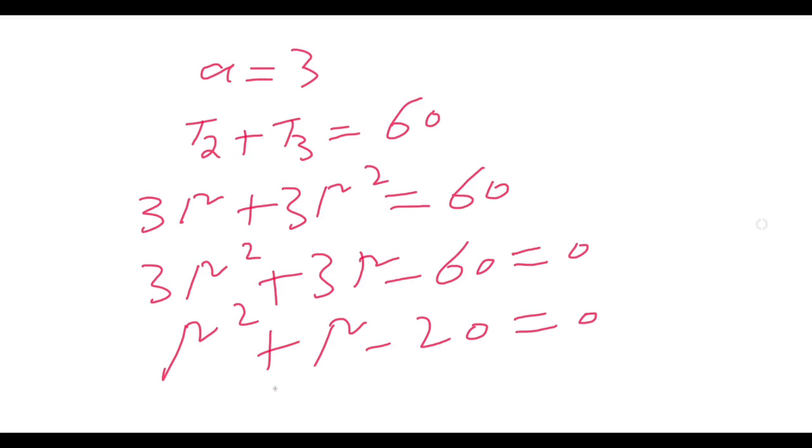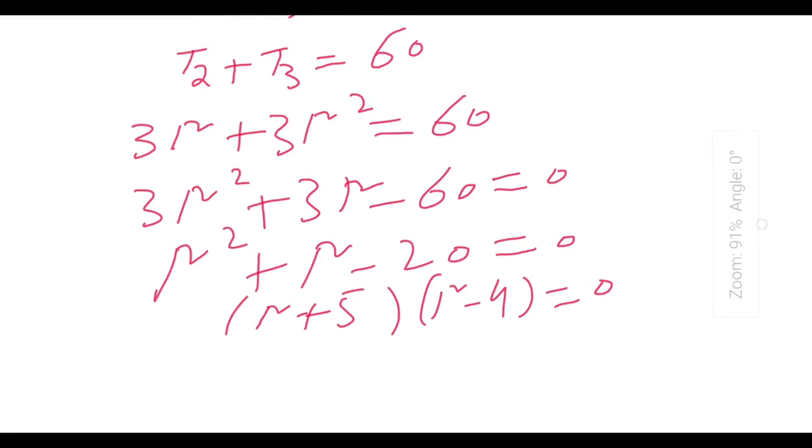So this is going to be (r plus 5)(r minus 4) is equal to 0. So we've got two possible values here. r is equal to negative 5 or r is equal to positive 4.